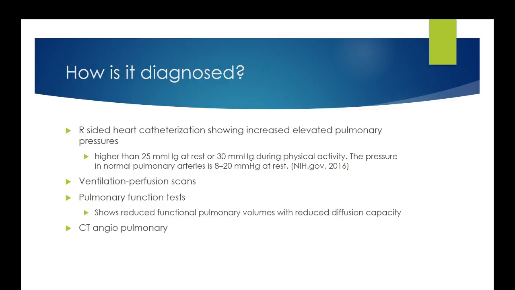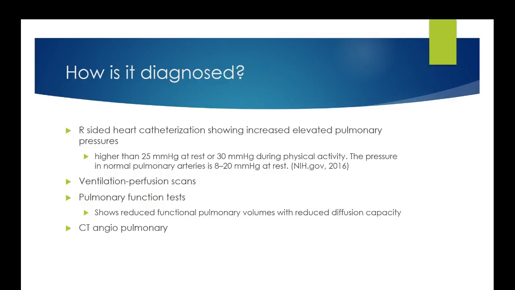When we're talking about the right side of the heart, it shouldn't be as strong, or doesn't need to be as strong, rather, because it's not going into the systemic system, but rather up into the right ventricle, out into the pulmonary arteries, and then back into the left ventricle, or left atrium, rather.